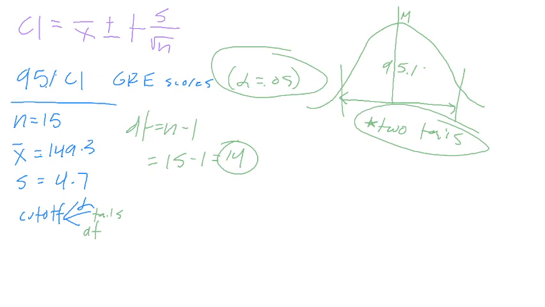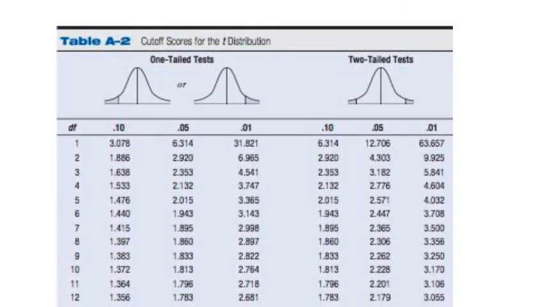So we can actually head over to the t-table, and let's go ahead and do that. Our old friend, the t-table. Remember, there are two different columns here that we can consider, the one-tailed and the two-tailed. We already established that we need to be in the two-tailed column. We're at an alpha of 0.05 because we're looking for a 95% confidence interval, so only 5% out in the tails. And we have 14 degrees of freedom.